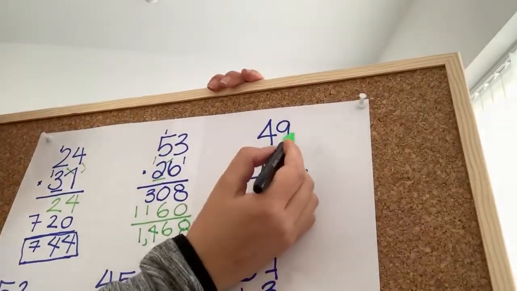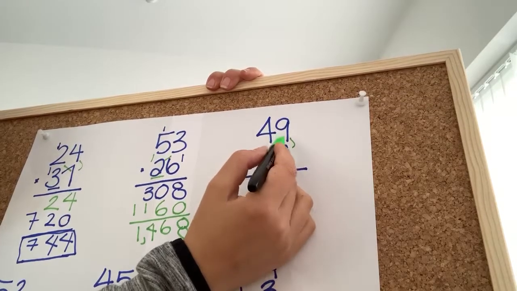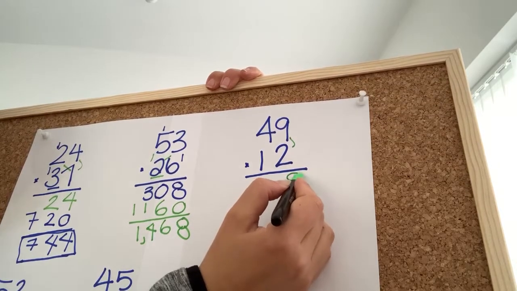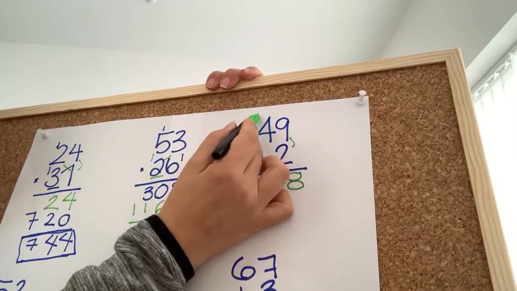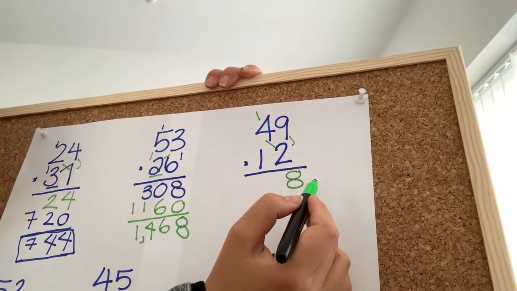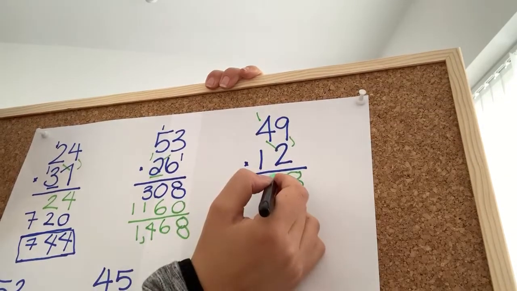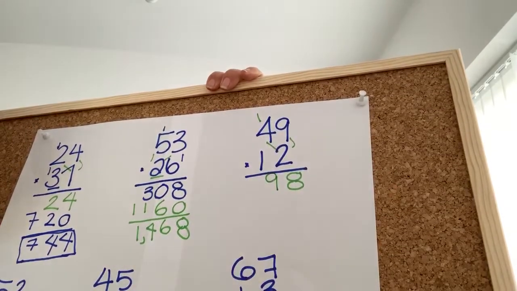Okay, here we go again. 2 times 9 is 18, over, 2 times 4 is 8 plus the 1, 9.